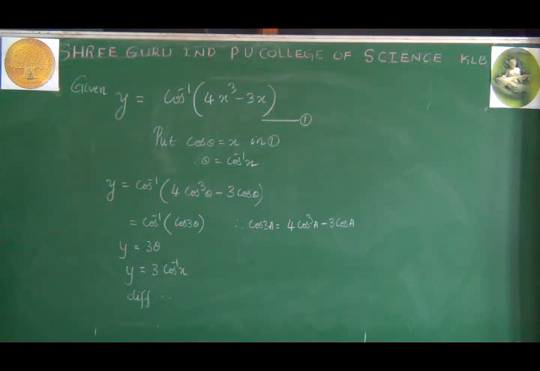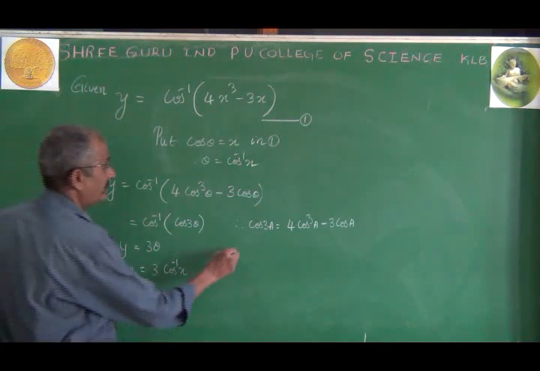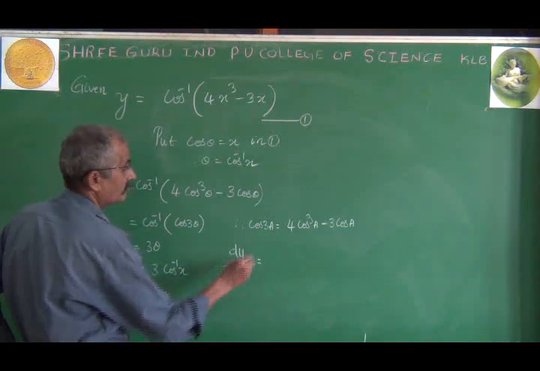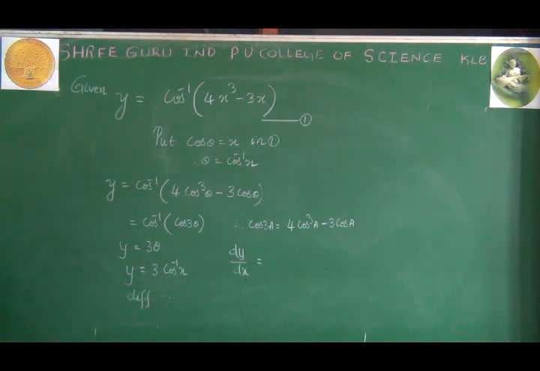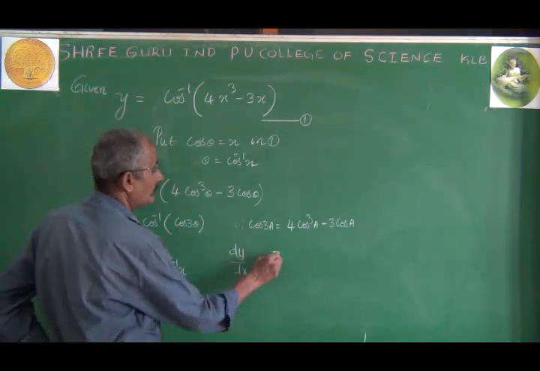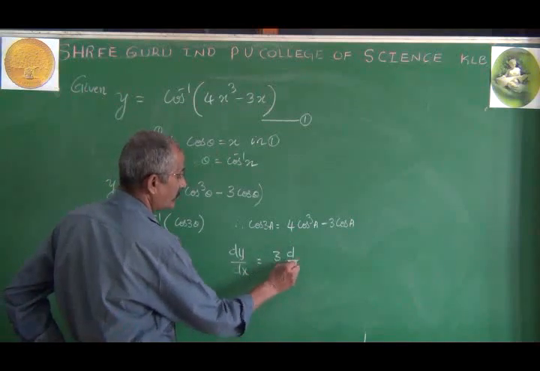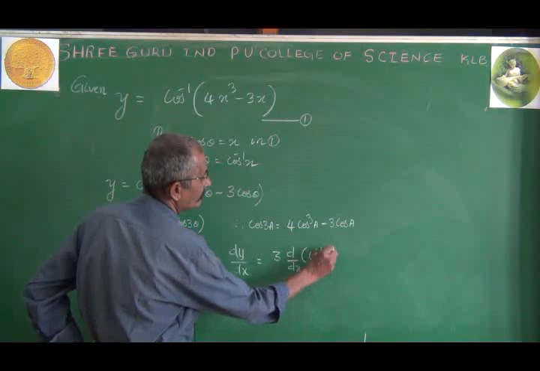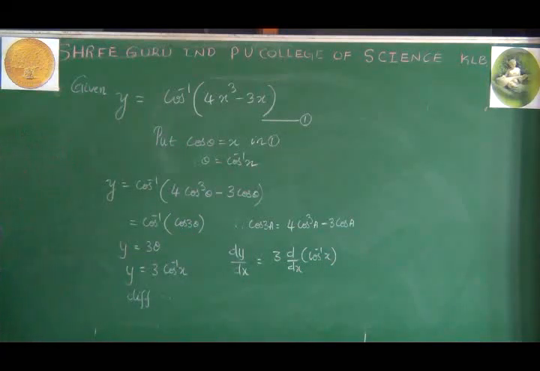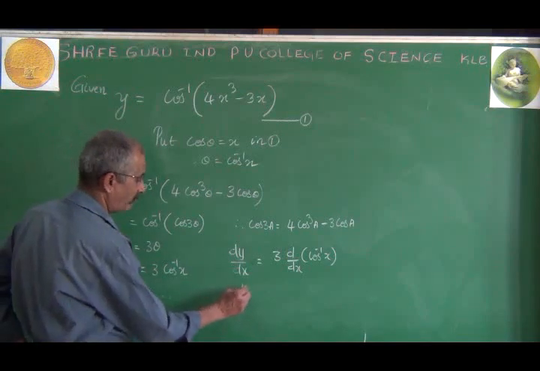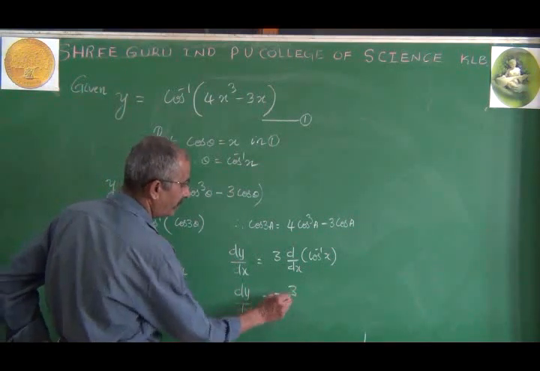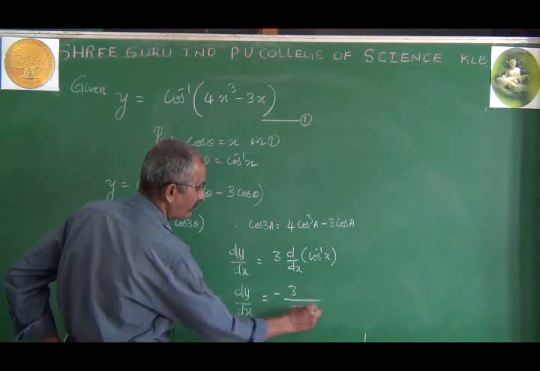On differentiating with respect to x, dy by dx equals 3 into differentiation of cos inverse of x. But the differentiation of cos inverse x is minus 1 by root of 1 minus x square, so the total is minus 3 divided by root of 1 minus x square.